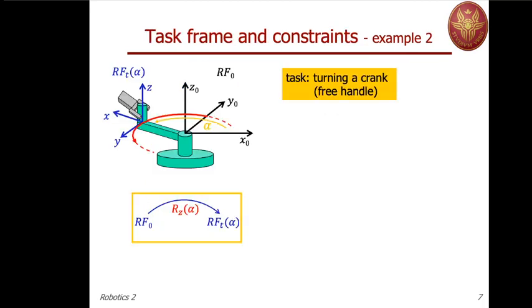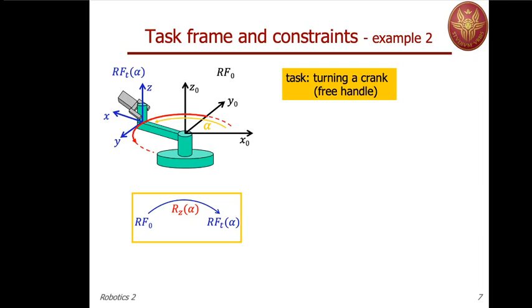Let's consider a second example, a little bit more complex, which is turning a crank. We have seen that this is a classical example of a hybrid control problem, where forces and velocities are involved at the same time.